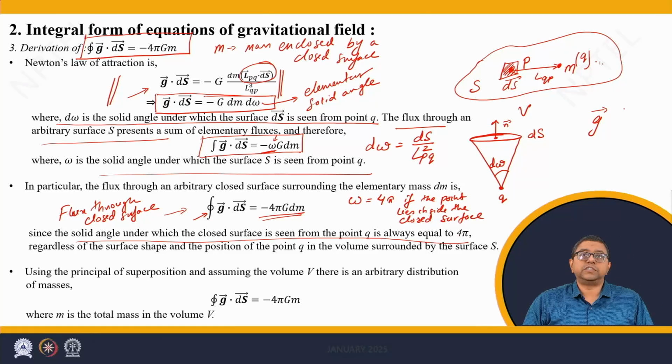Thus, the expression. This 4π is irrespective of the surface shape and the position of Q inside the volume surrounded by the surface S. Even if the point Q is any of these locations, the total solid angle will be 4π.